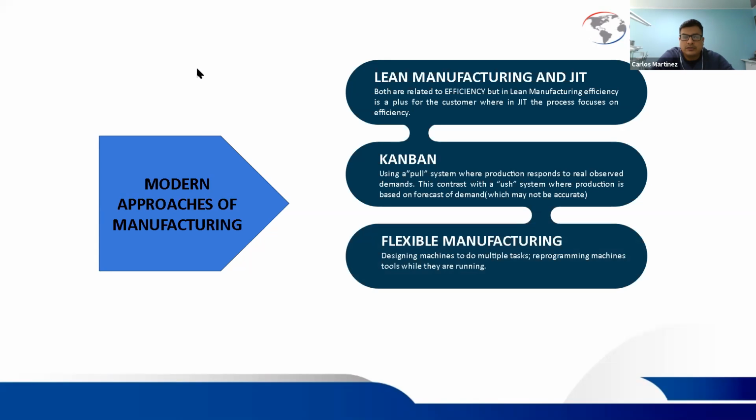Then we have flexible manufacturing, where designing machines do multiple tasks and reprogramming machine tools while they're running. Okay, so what happens is that we program a machine to do a certain task, and during the process, maybe some things need to be changed, or the machine itself, like we mentioned before, machines that control other machines.